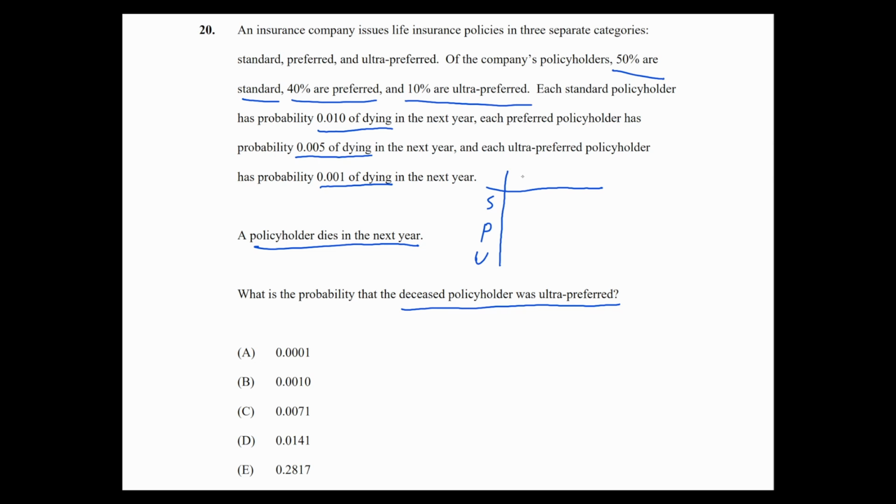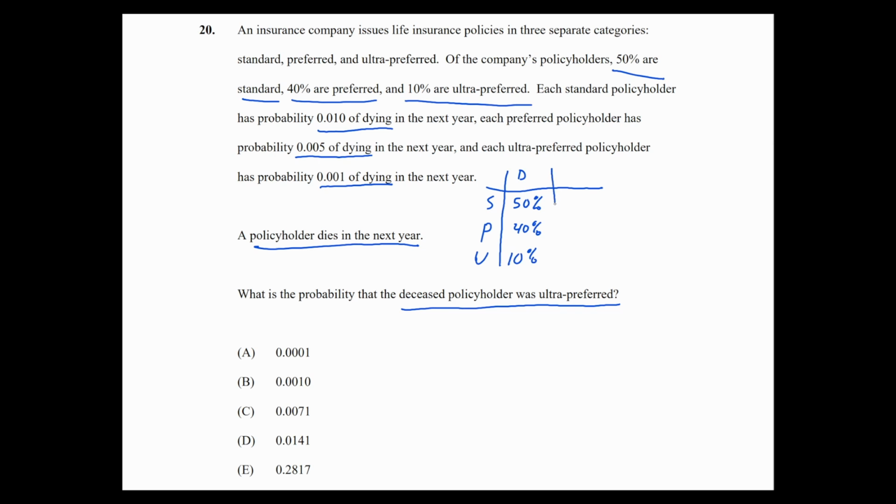And for the distribution of the policyholders, I'm just going to call this D just to make it easy. So we know that this is 50%. For preferreds, 40% of policyholders are preferred. And for ultra preferred, it's 10%.